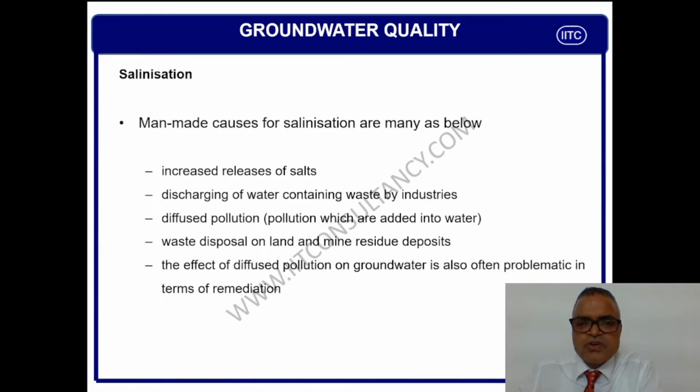Now pollution control boards are strict and we are capturing everything, so before discharging into the river, we need to treat the water as per the prescribed limits. Diffused pollution is pollution added into the water, like from agricultural land. In agriculture, we are adding pesticides, insecticides, and other chemicals, so we are diffusing pollutants in the environment and in the water.